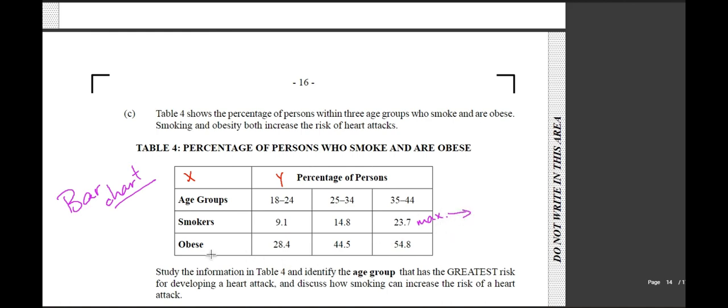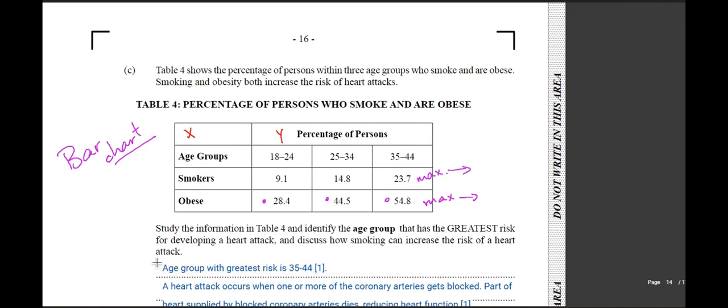And for obesity, the maximum will also be 35 to 44. Notice that for all age groups, obesity has a higher percentage, right? So we basically have it. Not much else you can extract from this.